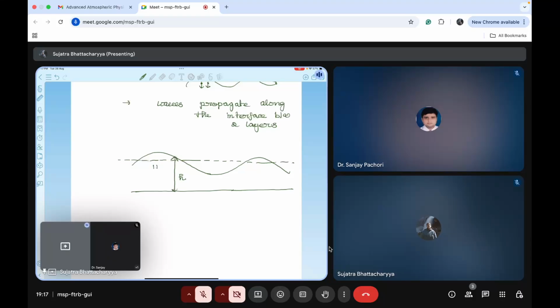This is some high region, this is some low region, as you can see. This has some density rho 2, this has some density rho 1, and this is your z direction, and this is your, let's say, x direction. You can take y also, it doesn't matter. And another thing is that we are not considering the effect of rotation. No rotation, or what I mean is no Coriolis effect. I'm ignoring that for the time being.